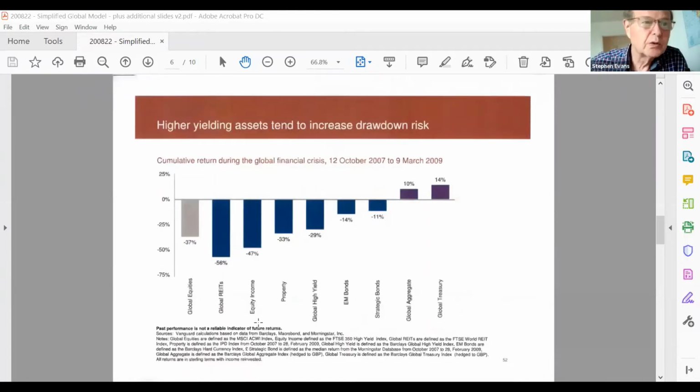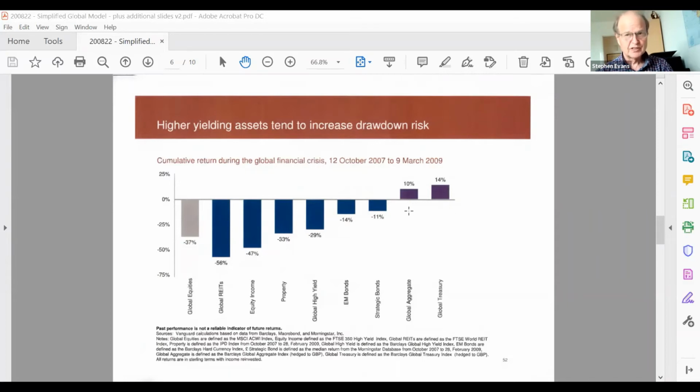Why do we include bonds within a portfolio? In the last financial crisis, from October 2007 to March 2009, global equities fell by 37%, but investment grade bonds during that same 18-month period increased in value by 10% and treasuries by 14%.